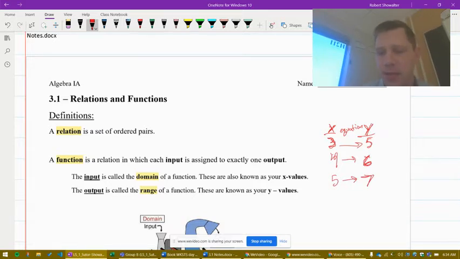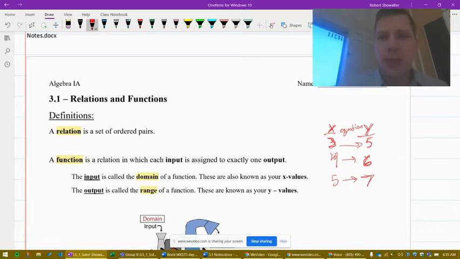There are situations where you can put an x value in and it'll crank out more than one value. In that case, that equation or that function, we would consider to not be a function. In math, and especially for our purposes, we have a special name called domain.